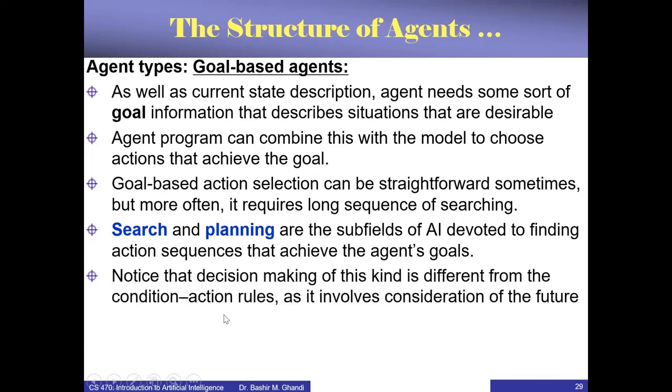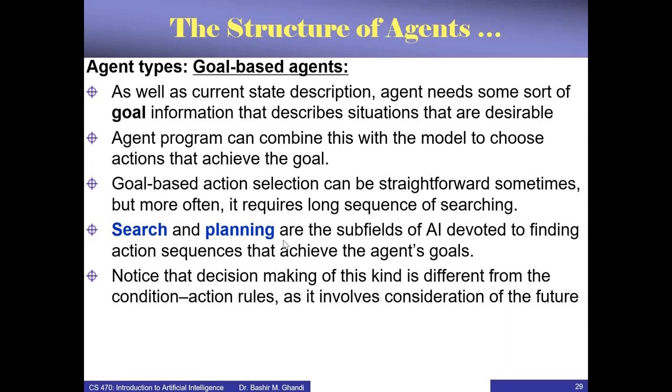Okay, now notice that decision making of this kind involving goals is different from the condition-action rule, as it involves consideration of the future. In the condition-action rule, we already decided: if it is this, do this. If it is this, do this. So this can in fact be straightforward.